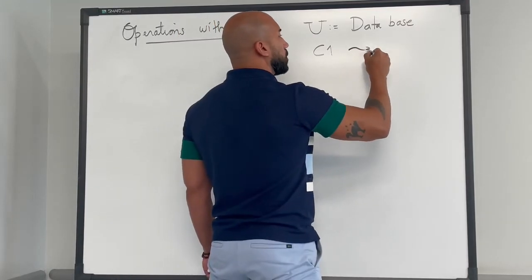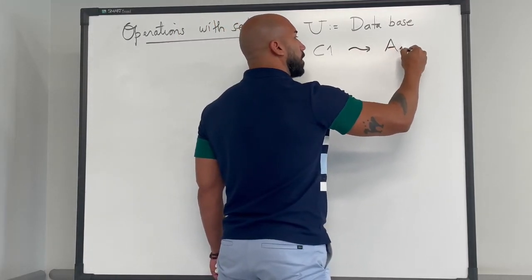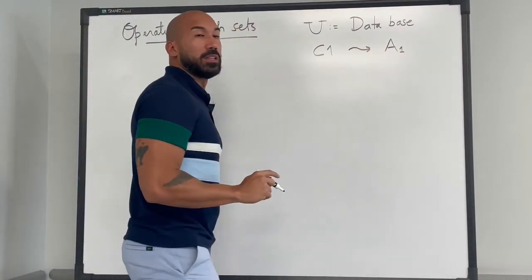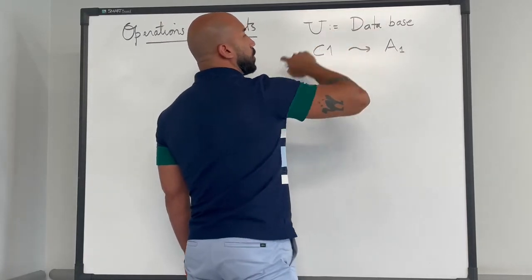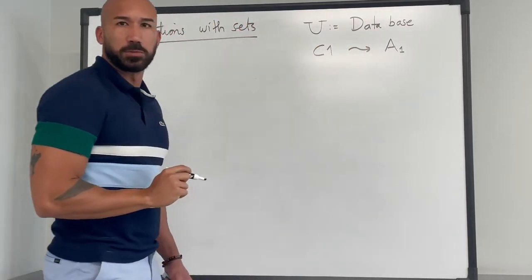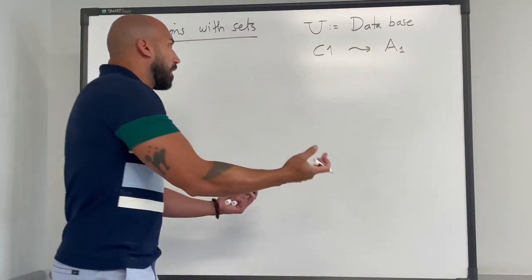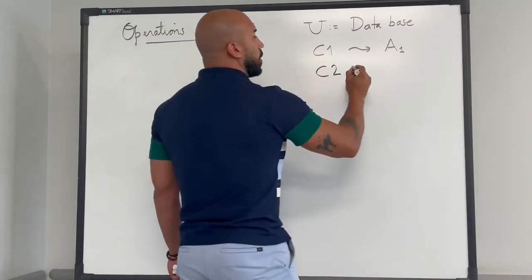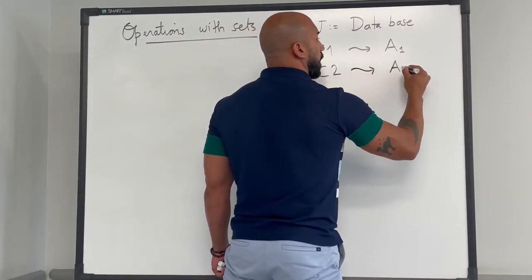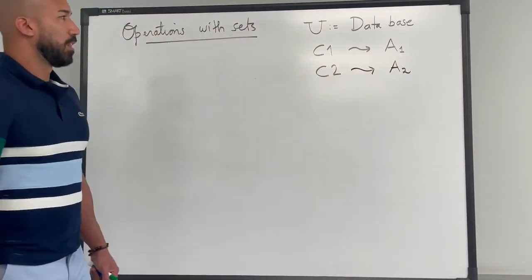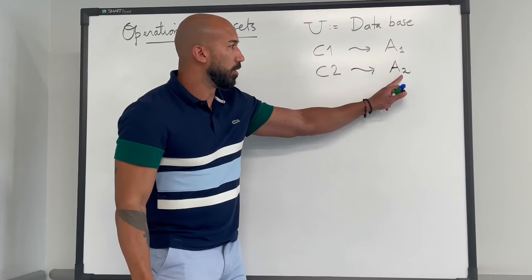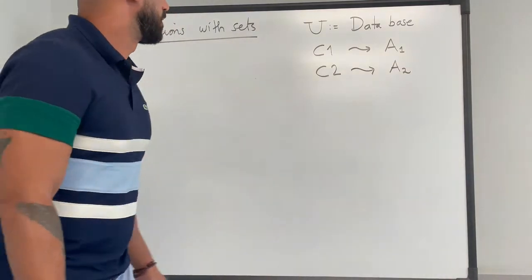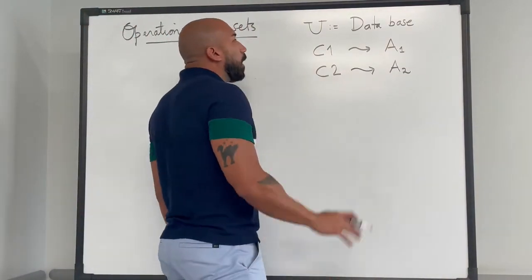This is going to produce a first set, let me call it A1, in which we are placing all data in this universe satisfying this first condition. Let's say that also as part of our application, we are interested in those data satisfying a second condition C2, which is going to produce now a second set A2, not necessarily different from the first set A1, but possibly different.